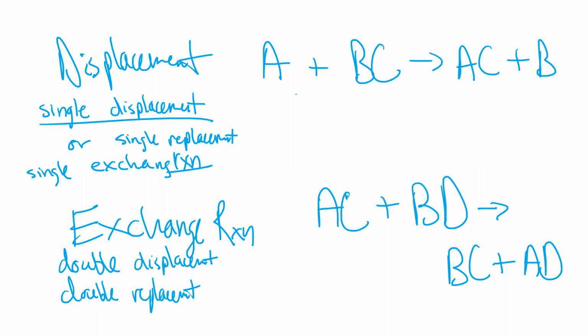Note that in the single displacement reactions, this usually is something like a solid and something that is aqueous, typically, to something that is now aqueous, and now you form a new solid. You'll see this quite often in electrochemistry or plating of a metal.